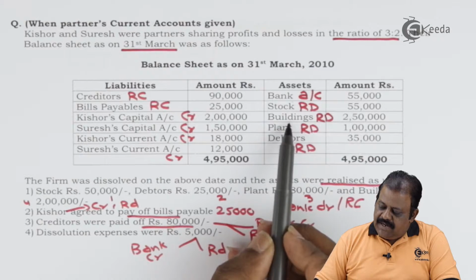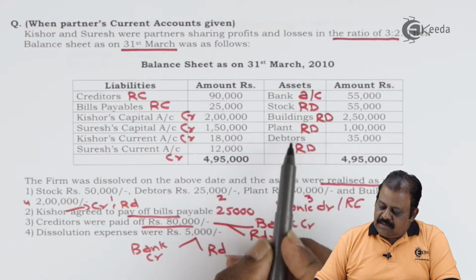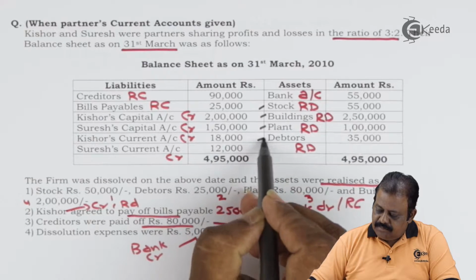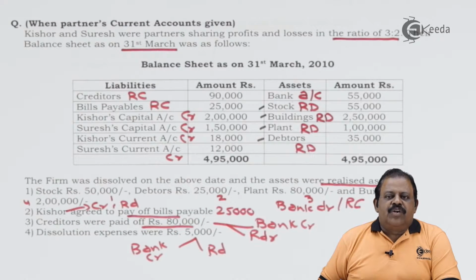Stock, building, plant, debtors. These will be transferred to realization account on debit side.